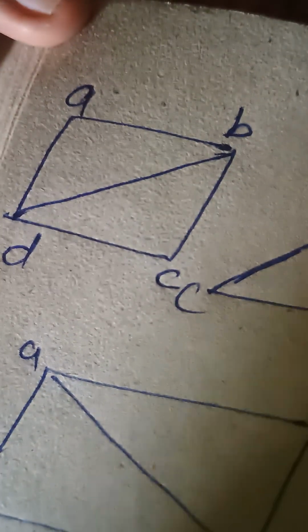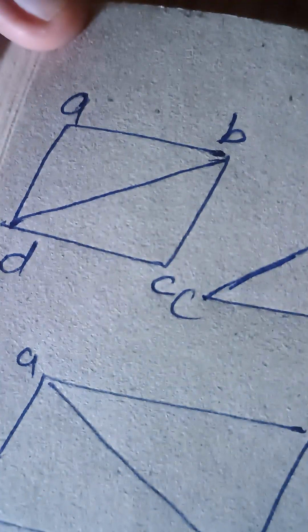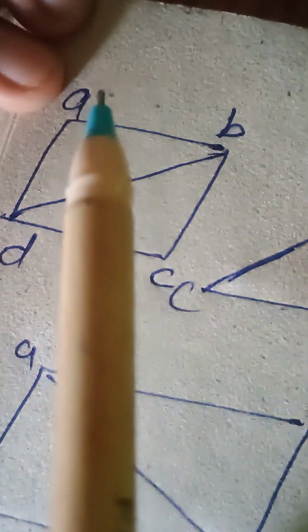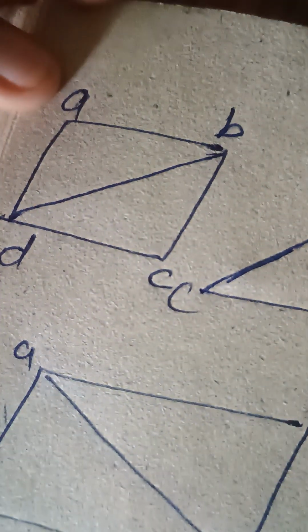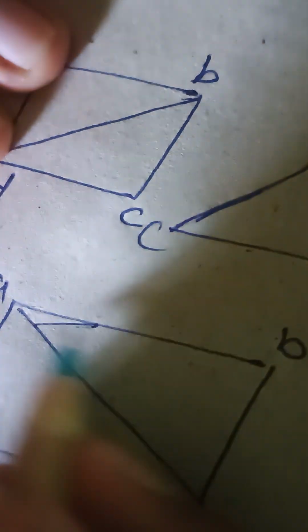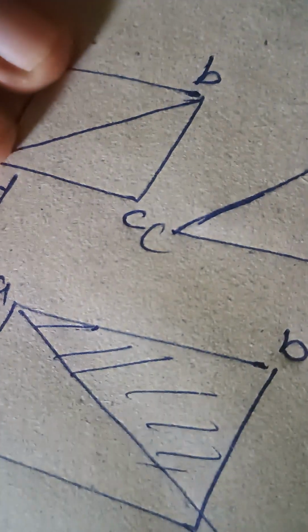What is the weight? The total weight of a triangle will be the product of the weights of its vertices. For this triangle, what will be the weight?